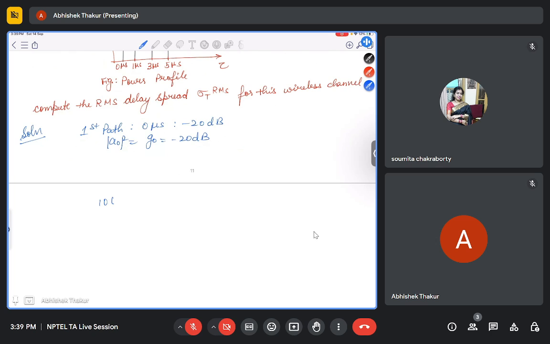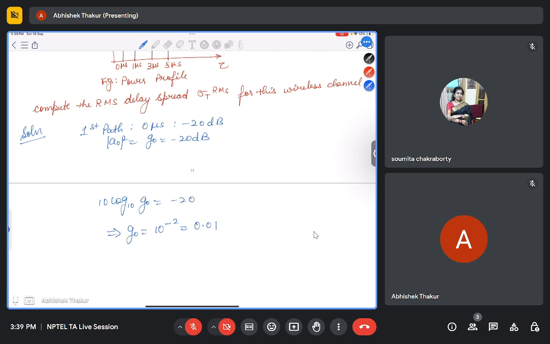Now 10 log 10 G0 is equal to minus 20. So by this we will get G0 is equal to 10 to the power of minus 2, that is equal to 0.01.